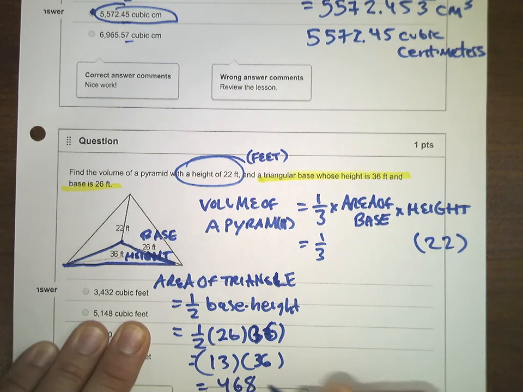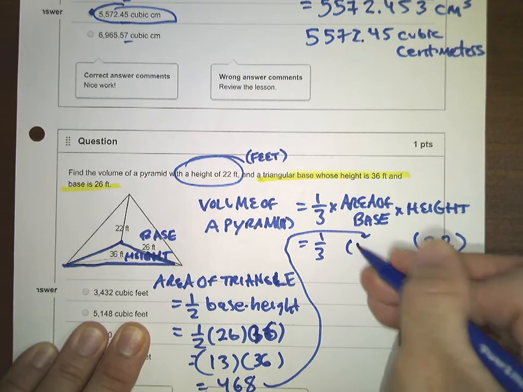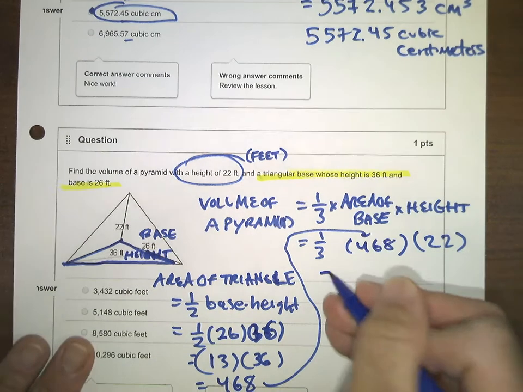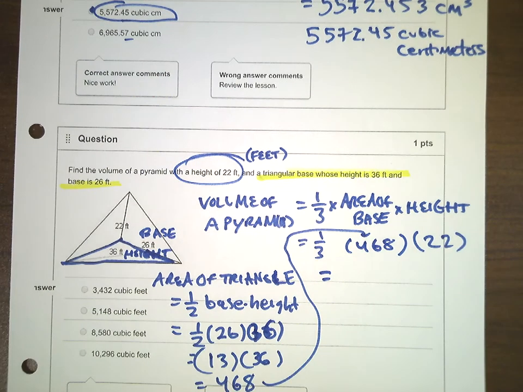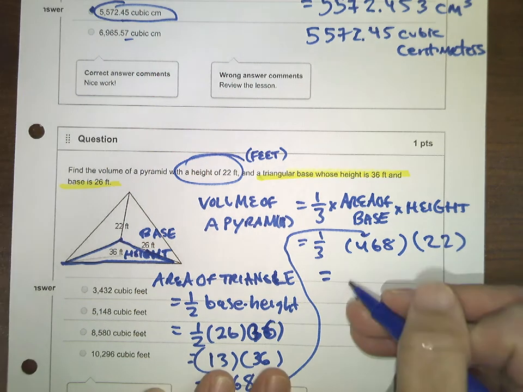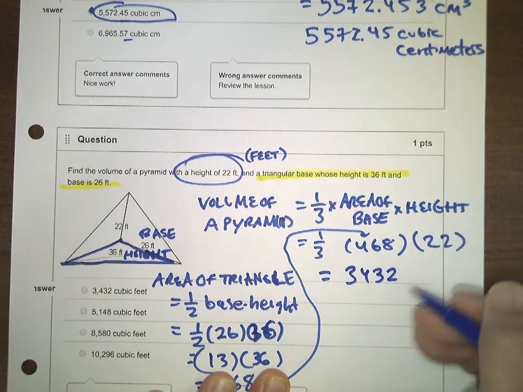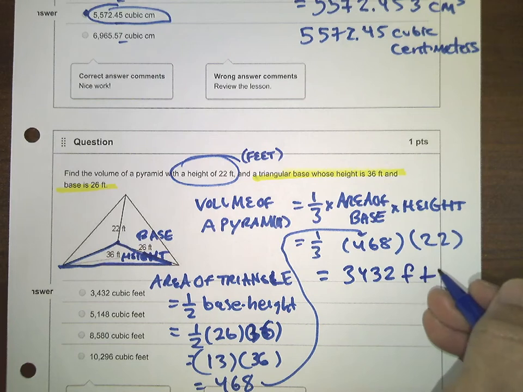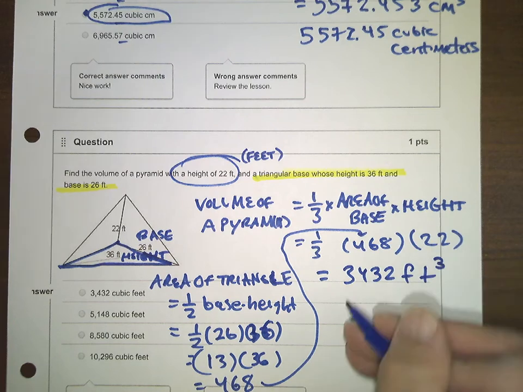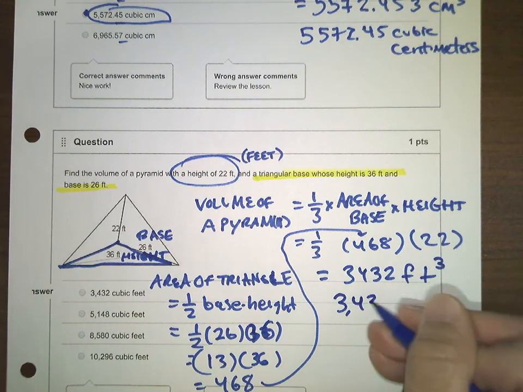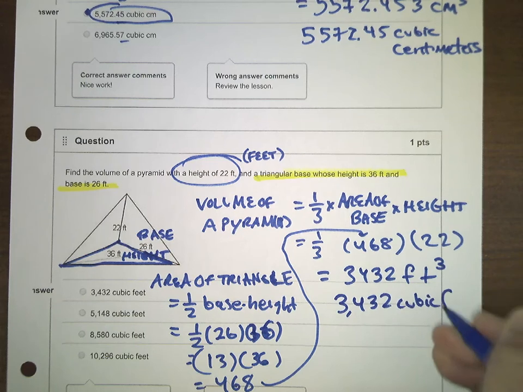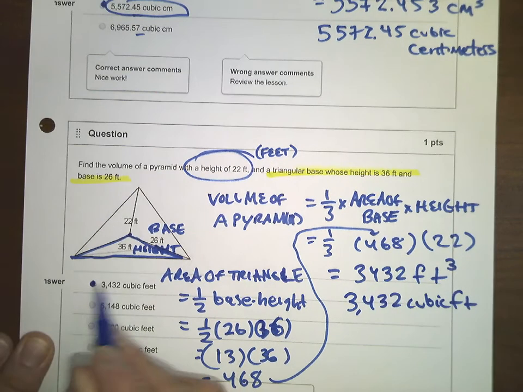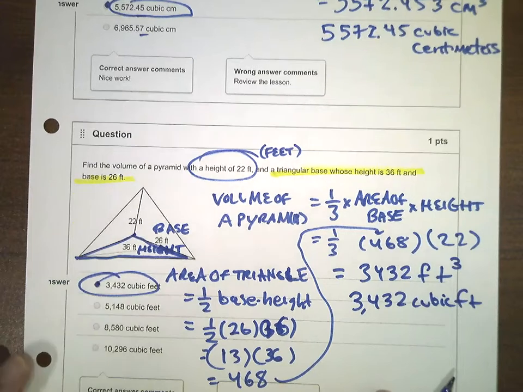So that's this number right here times 468. So then a third times the 468 times the 22, that will be 3432, and the original units were feet, so this is the volume, so we have feet cubed, or just 3432 cubic feet. All right, so there is the final answer right here. What a time to be alive.